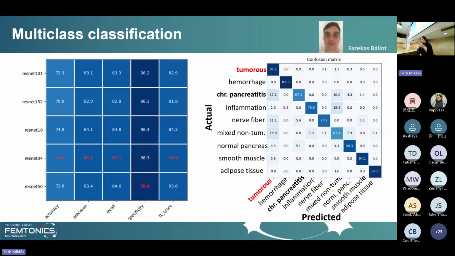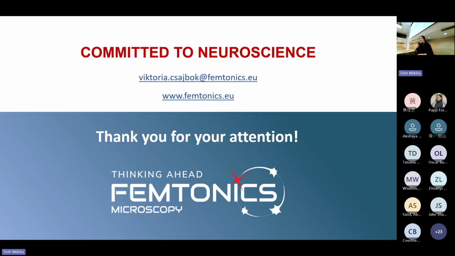So although at the moment binary and multi-class classification are available only using raw SRS images, multi-label analysis is still under investigation and development. Thank you for your attention.